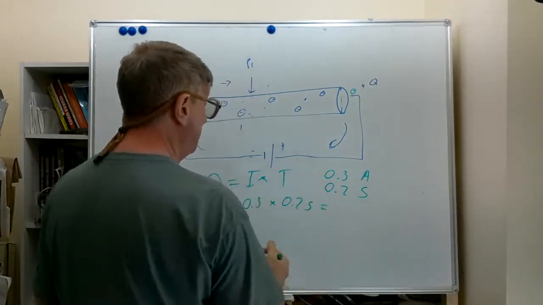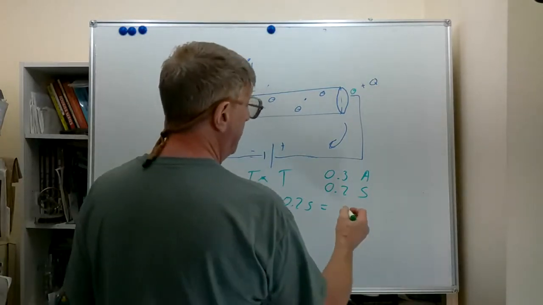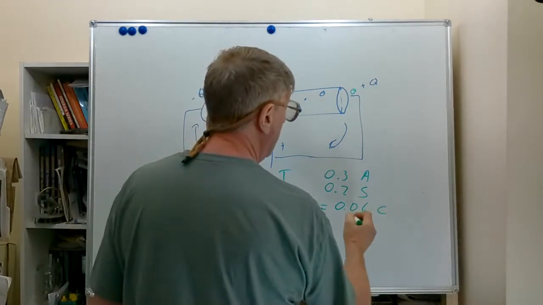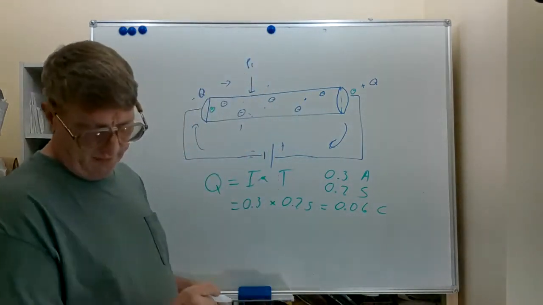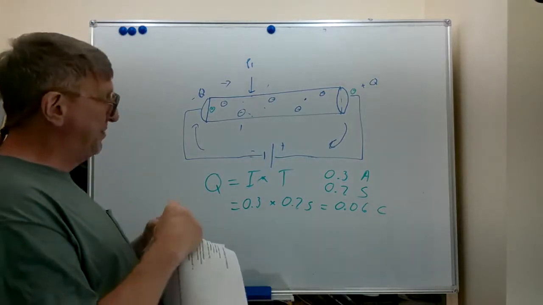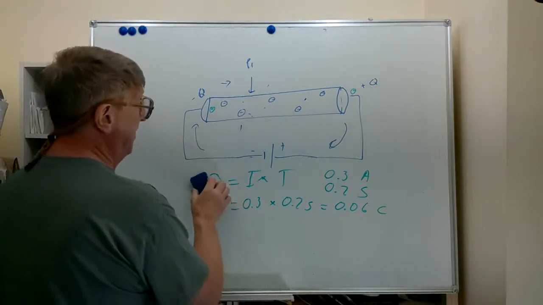So we would have transferred from one point to another during that time 0.06 coulombs of total charge. So definitely charge and amperage are very, very closely related. They're not exactly the same thing.